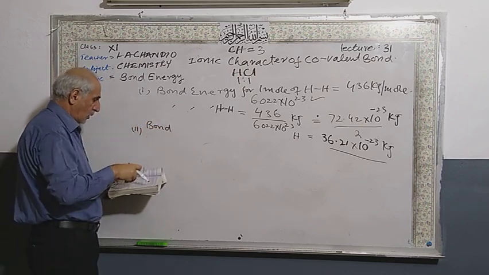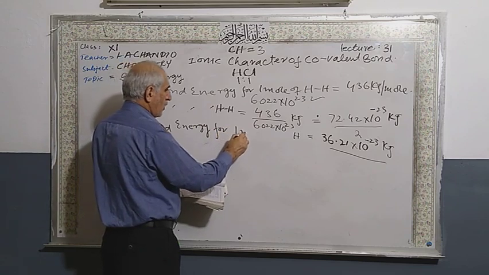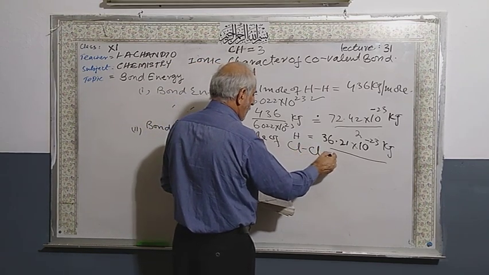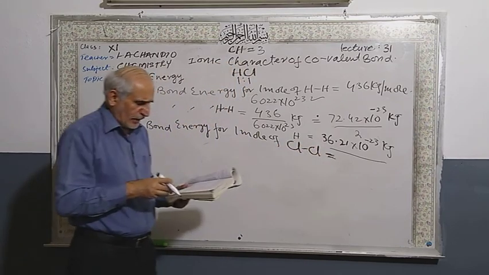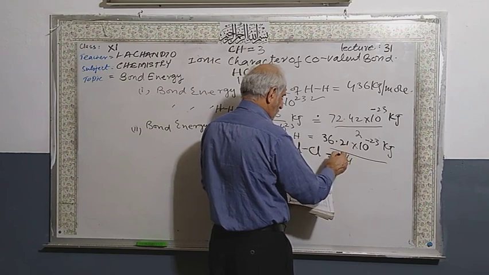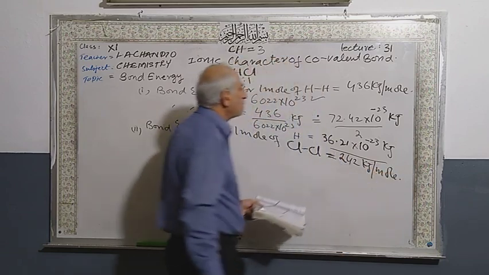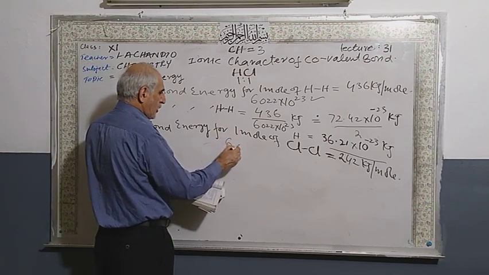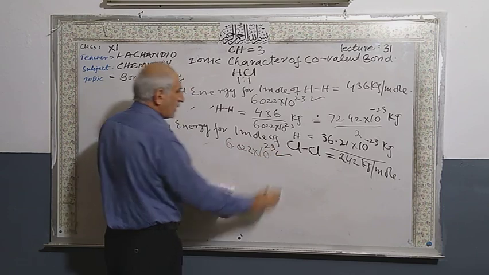Bond energy for 1 mole of chlorine: the energy is 242 kilojoules per mole, and 1 mole is equal to 6.022 into 10 raised to the power 23.